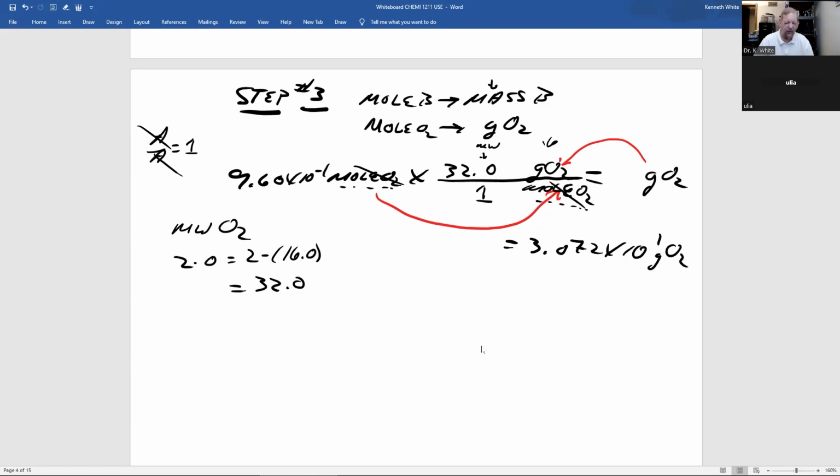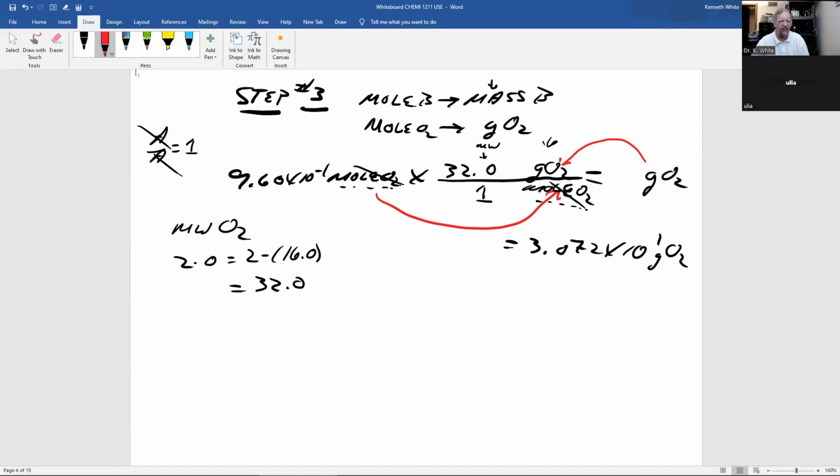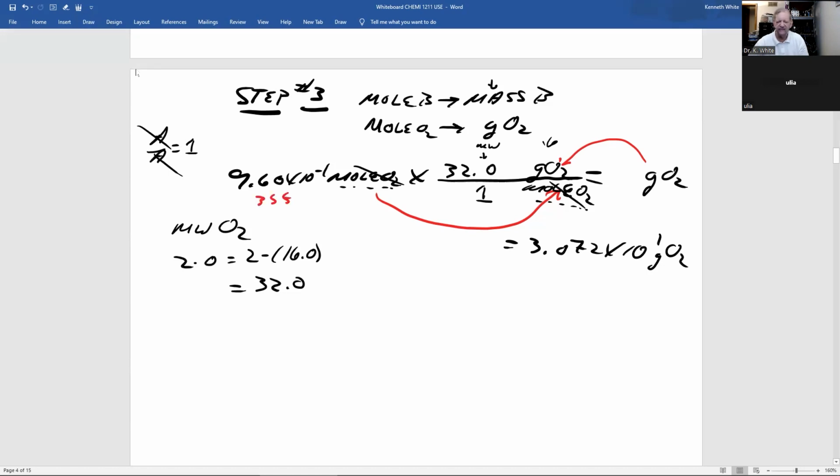And remember, you get the same number of significant figures in your answer as the number that has the fewest significant figures. This is 3 significant figures. This is an exact number. The 1 is a part of the definition. This is 3 significant figures.